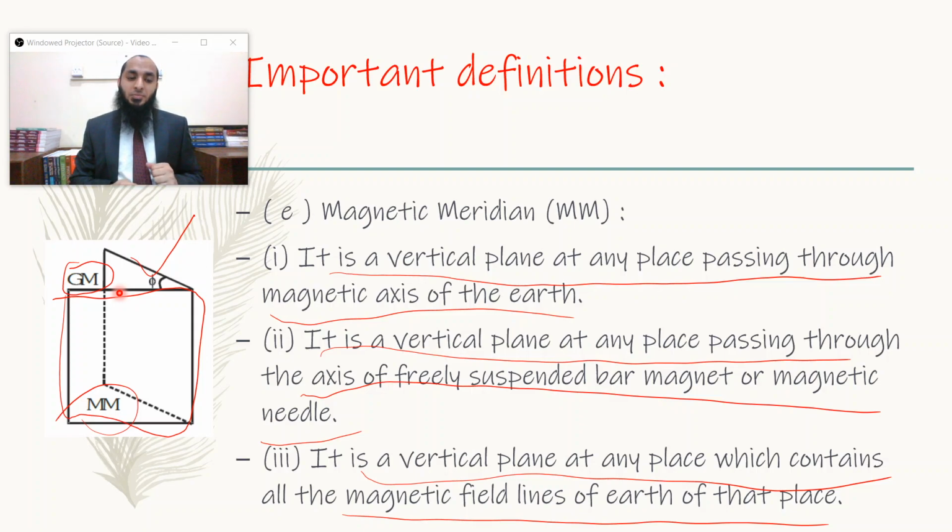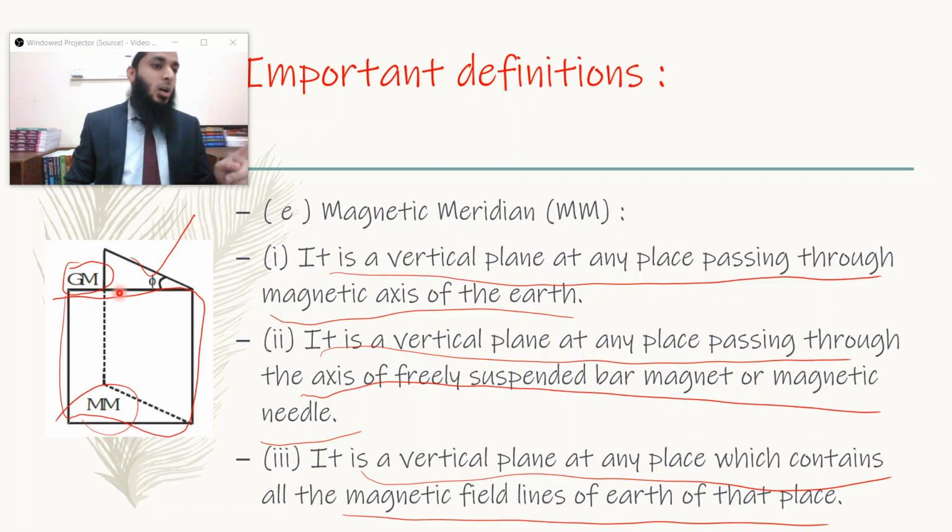No. Some students find it difficult to understand this concept. So I have some figures in the coming slides which will clearly make you understand that angle of declination is not equal to the angle made by the geographic axis and the magnetic axis. Remember that. It is the angle made by the geographic meridian and the magnetic meridian.